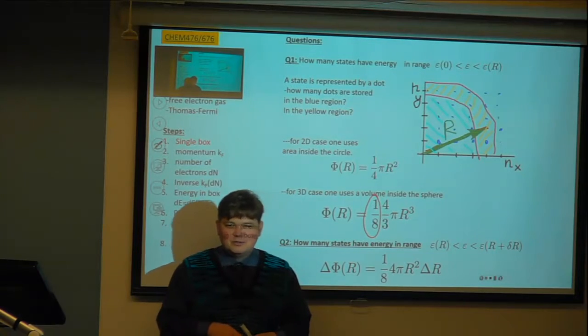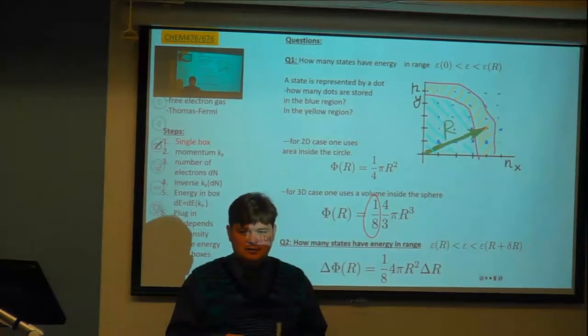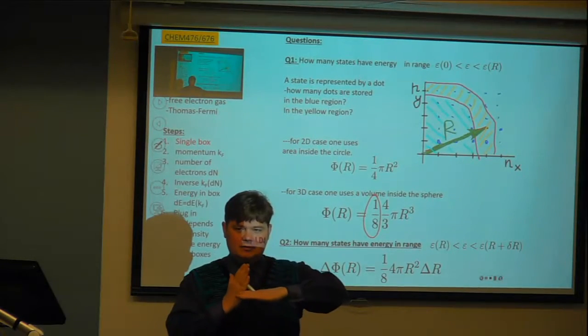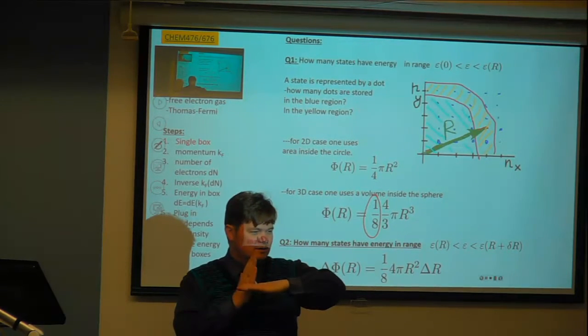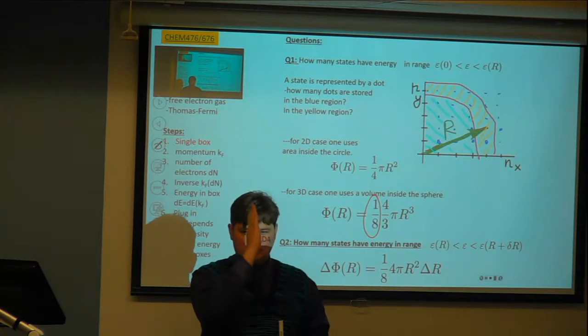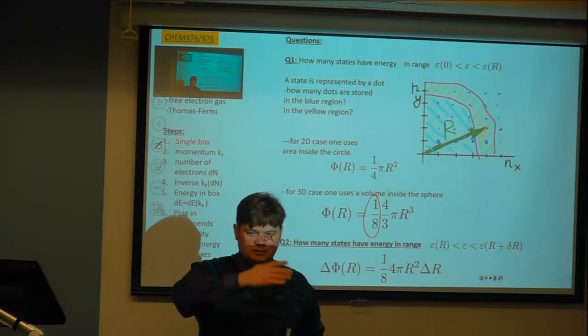If quantum numbers are always positive, then we have 8 times less. If you split space into quadrants or octants, what's the right name, if you cut space for positive and negative in 1 dimension, it is half. If you do positive and negative for another, it will be a quarter.